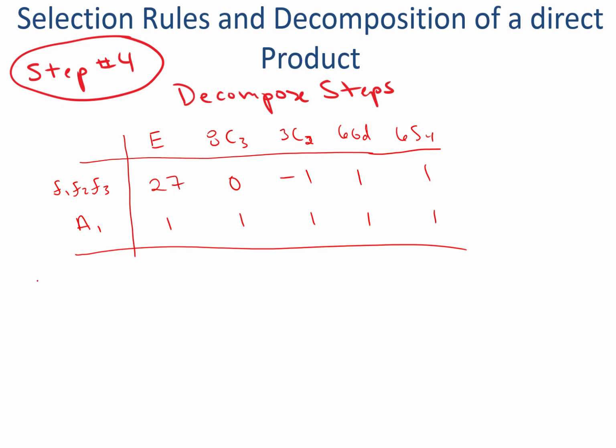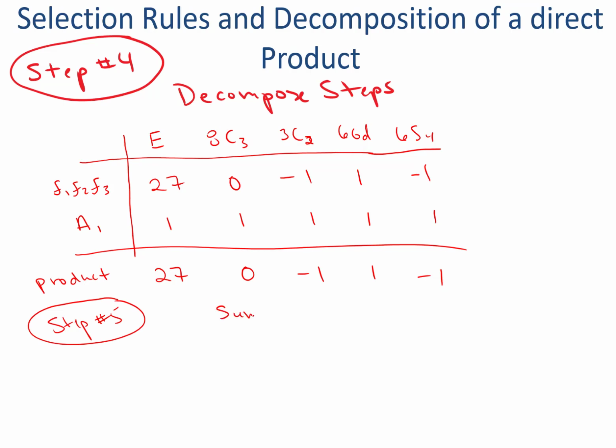Again, we create a product: 27, 0, negative 1, 1. Oops, I forgot a negative sign there. This is negative 1. Step number 5, we sum up all the products.